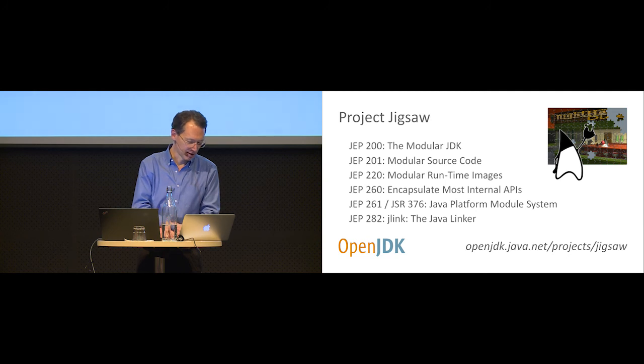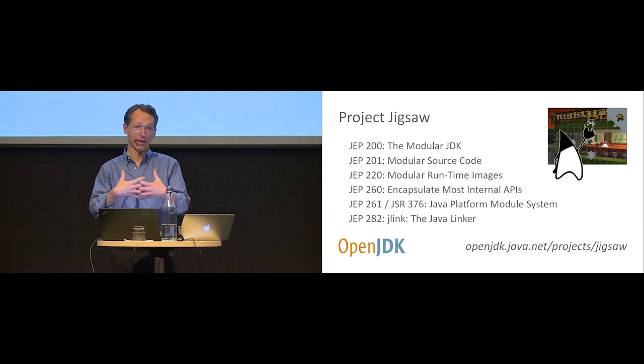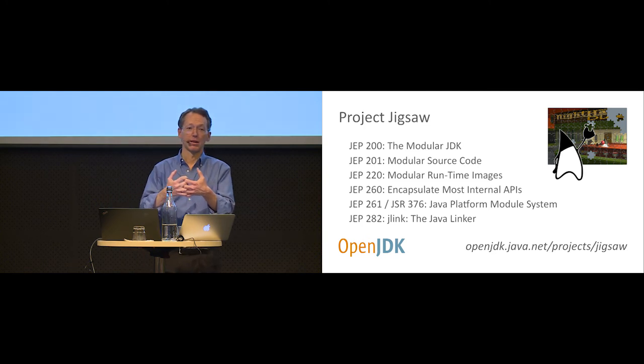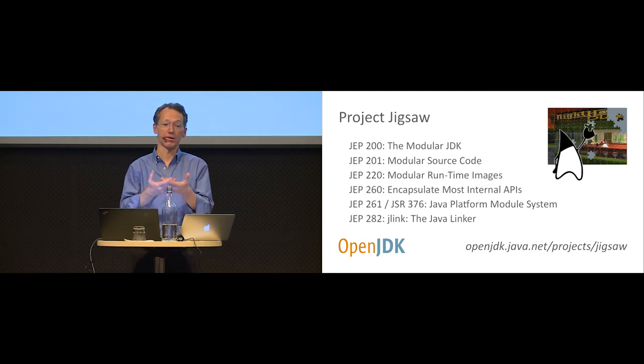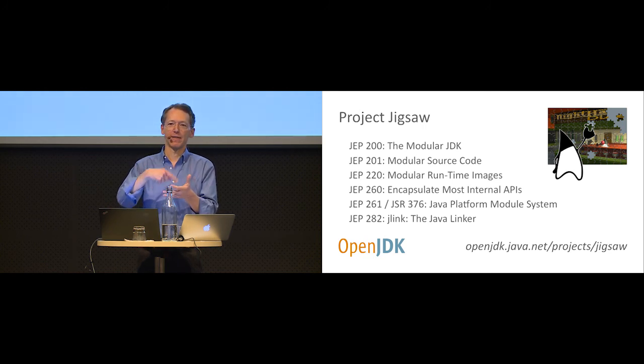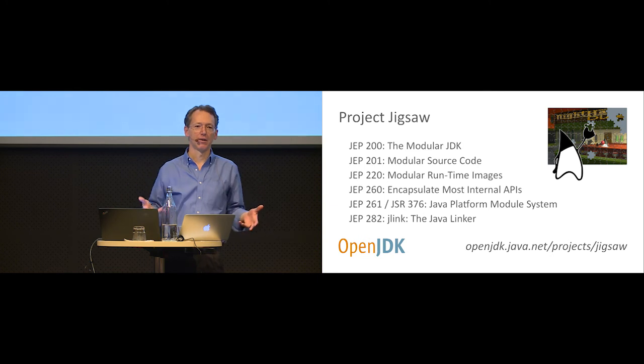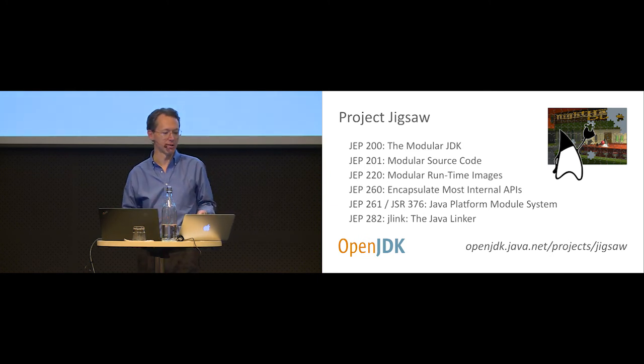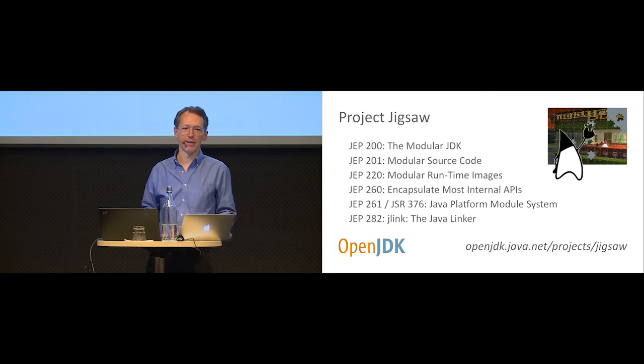So the service lookup mechanism has been enhanced and integrated with the module system, so that services are something that the module system understands. And if you think about it, it has to, because if a service is provided by some module, resolving that module might require resolving some additional modules, because that module requires some others that you don't have yet. So services are understood by the module system, and I'll talk more about that tomorrow.